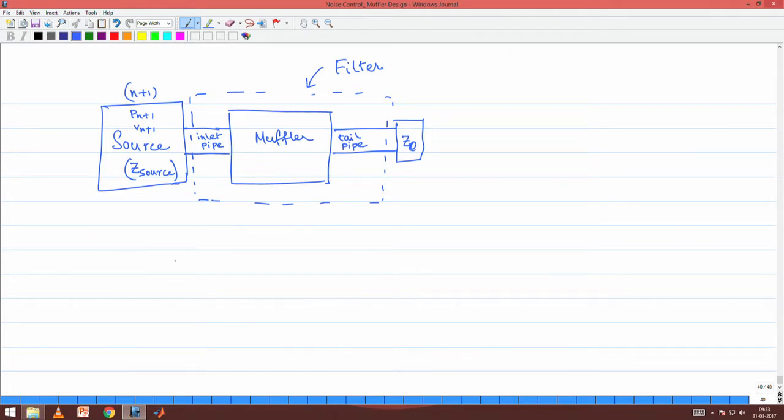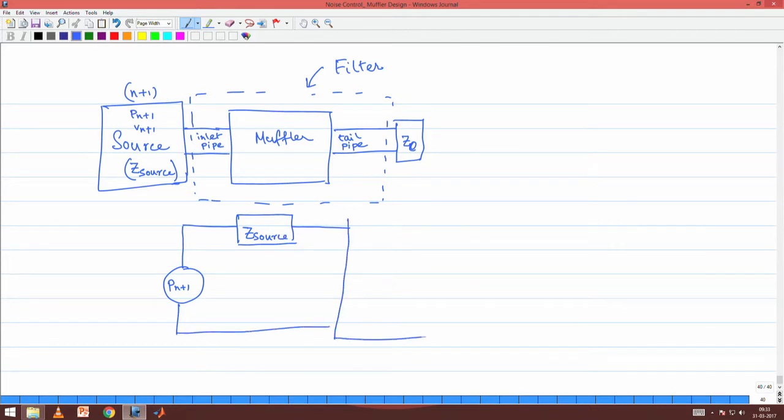So, therefore, the circuit associated with this model is going to be the following: P n plus 1, Z source, then there is a muffler or acoustic filter, which comprises of the inlet pipe plus muffler plus tailpipe.